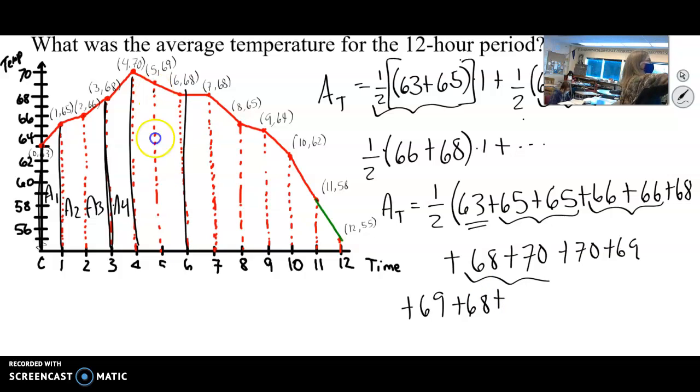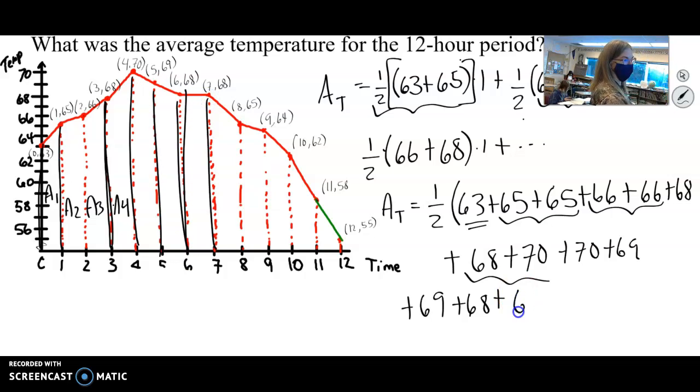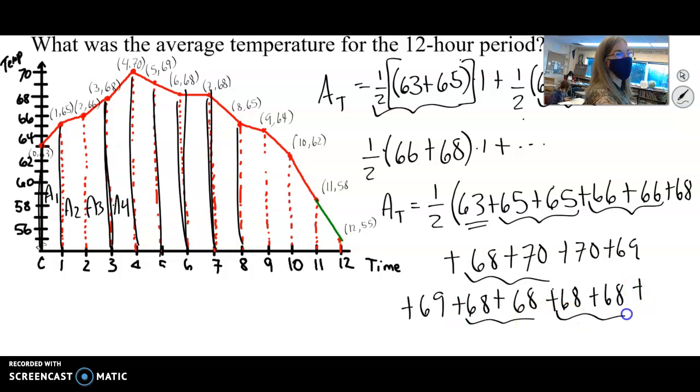So 69 plus 68 was for this trapezoid. Then I'm going to have 68 plus 68, and plus 68 again because it doubled up there, 68 degrees for 2 hours in a row, plus 65.